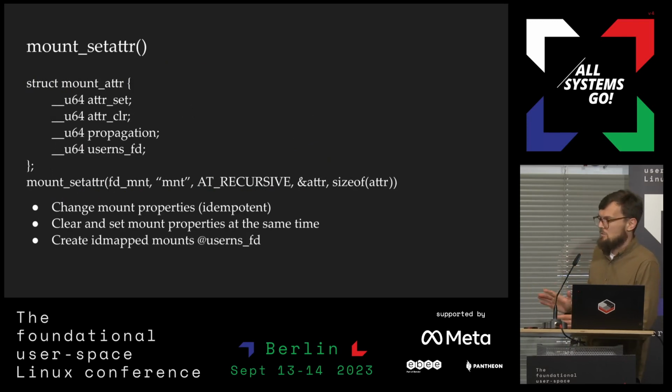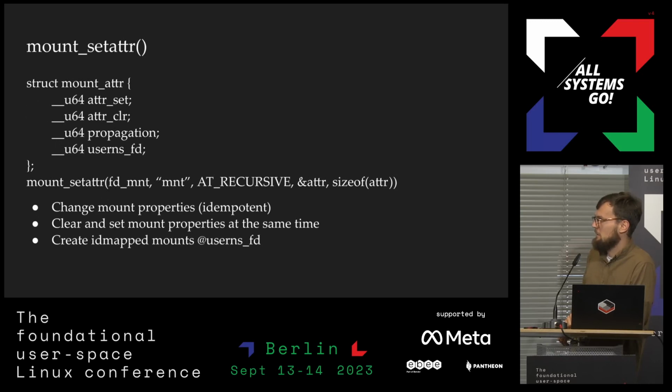And last but not least, we have the mount_setattr system call, which I added for 5.12, I believe. This is a way to change properties of a mount, because currently we were lacking this ability. So it works the same way. You specify a file descriptor that refers to a mount.